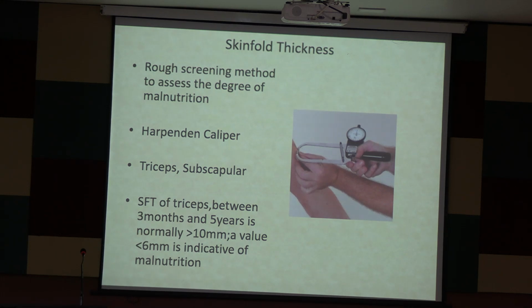The most commonly used sites for testing are the triceps and subscapular tissue. Skin fold thickness of the triceps between age 3 months to 5 years is normally more than 10 millimeters, but a value less than 6 millimeters indicates malnutrition. Remember this: a skin fold thickness value less than 6 millimeters is indicative of malnutrition.